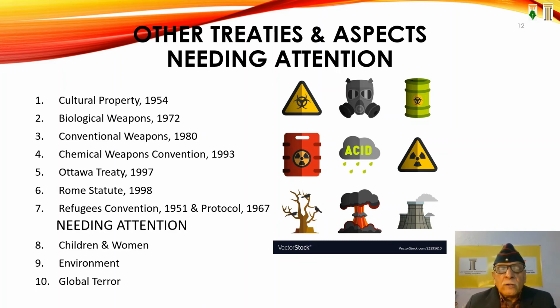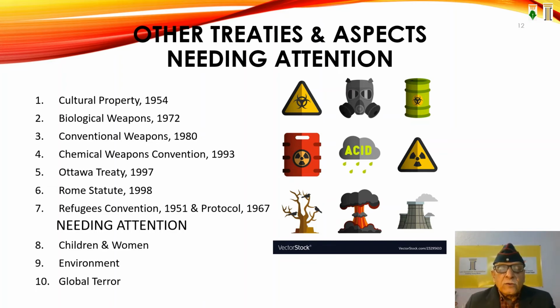Then on the use of biological weapons, the convention of 1972. Then regarding certain conventional weapons which cause unnecessary suffering, like cluster bombs and ammunition, the 1980 convention. Then chemical weapons, in 1993, came into existence and it was agreed upon.